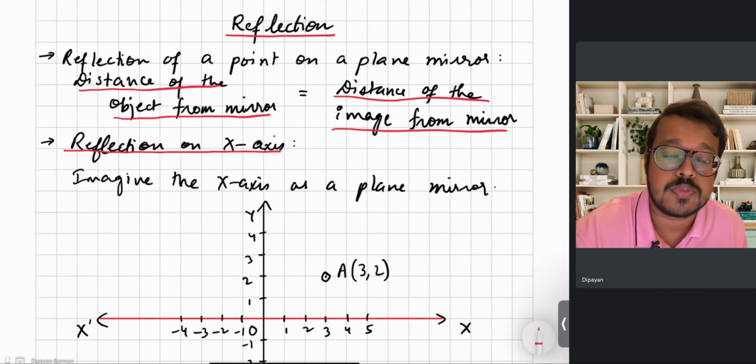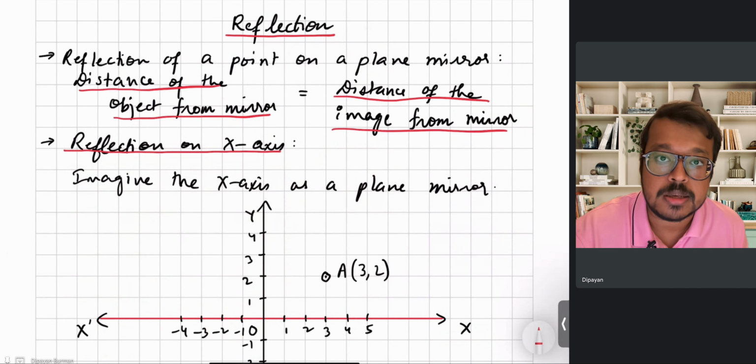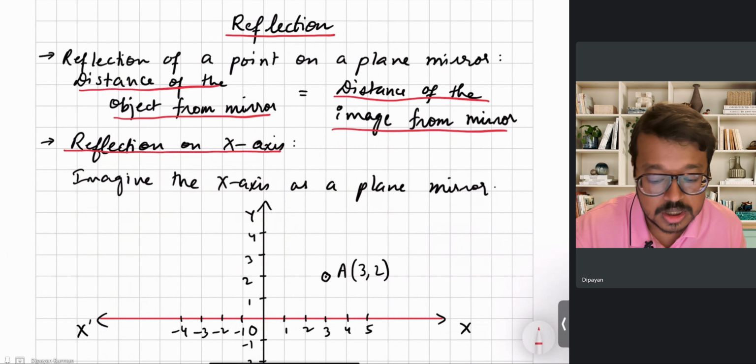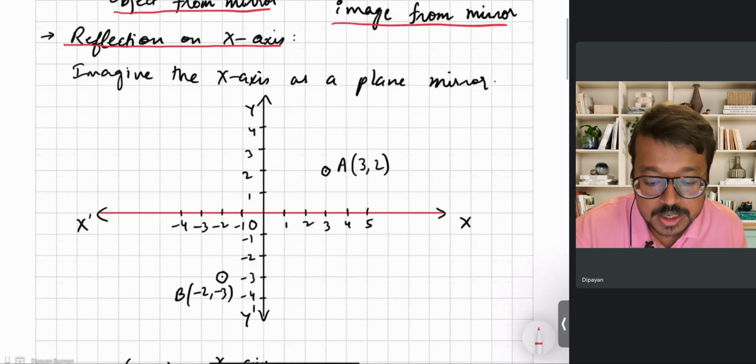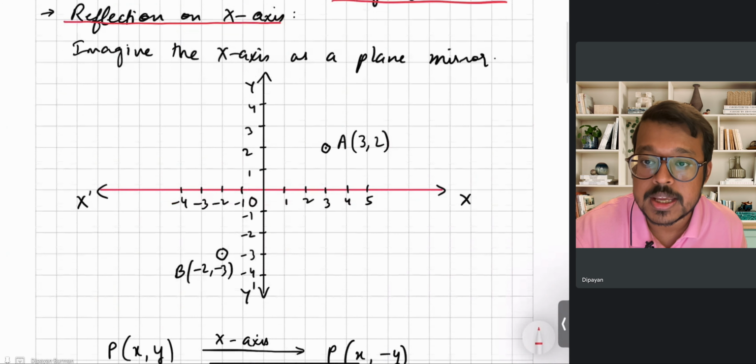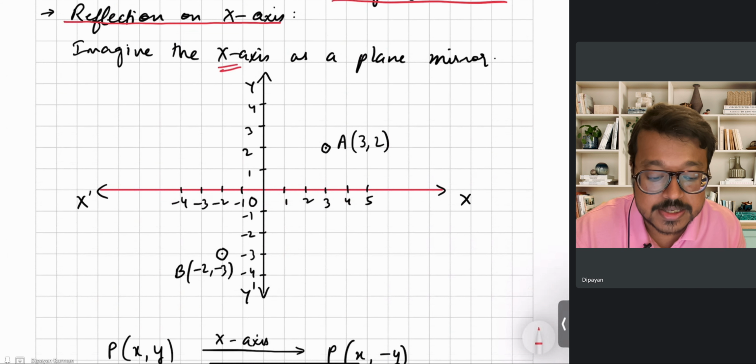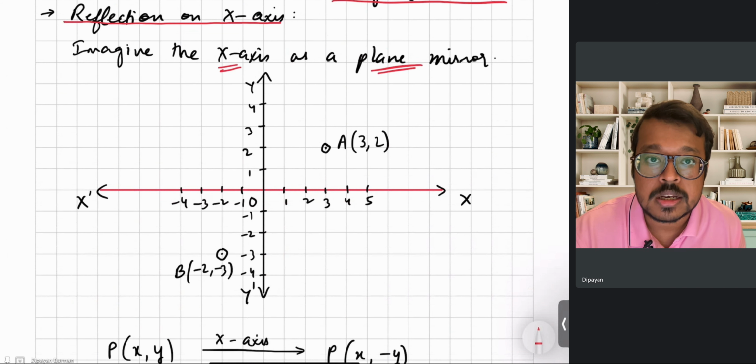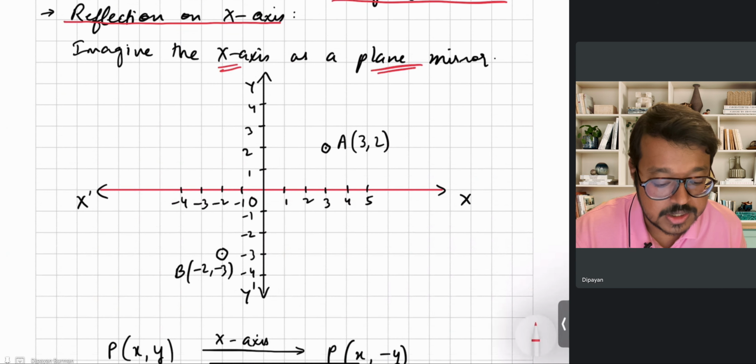So we can imagine one of these lines as a plane mirror, and we will have a point which will represent the object, and we would need to find the coordinates of the reflected point, like what will be the coordinates of the image. So suppose we are looking at reflection of a point on the x-axis, so we will have to imagine the x-axis as a plane mirror, and accordingly we will have to find where the image is.